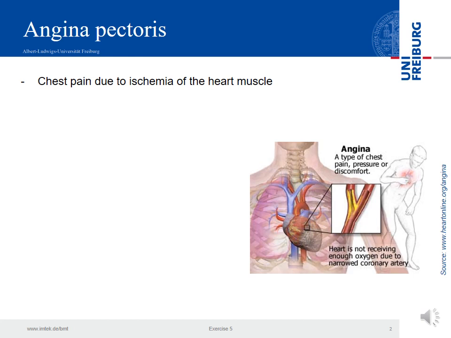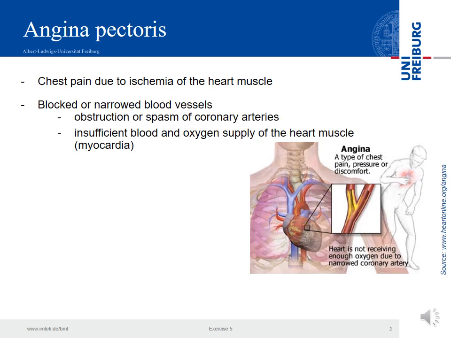You're slowed down immediately and it always comes in the environment of stressful situations. The reason for that is either narrowed blood vessels by obstruction or spasms, where the coronary arteries contract, and therefore we suffer from hypoxia of the heart muscle.